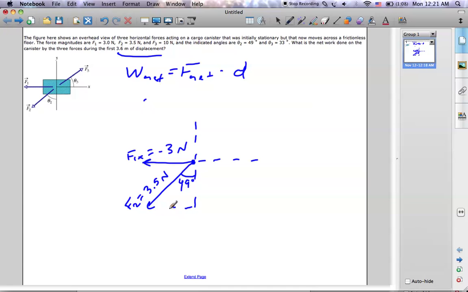And we can find the x component of that force. We'll call it negative because it's going to be in the negative x direction.